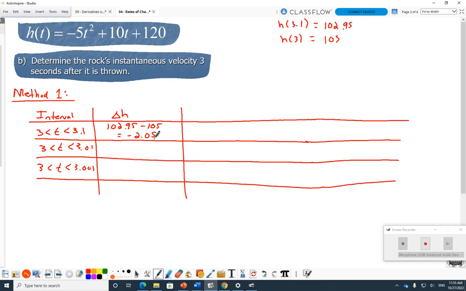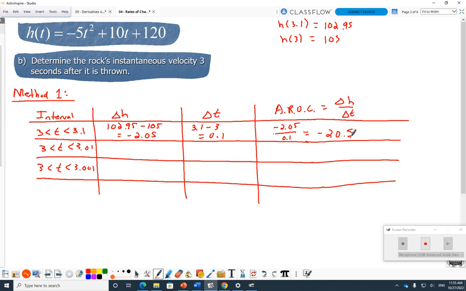And then the delta T was 3.1 minus 3, which equals 0.1. And so my average rate of change column, which was delta H over delta T, would be negative 2.05 divided by 0.1, which is negative 20.5. That's my first estimate. I think the answer is pretty close to negative 20.5.